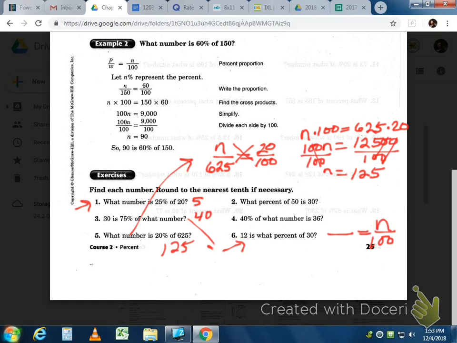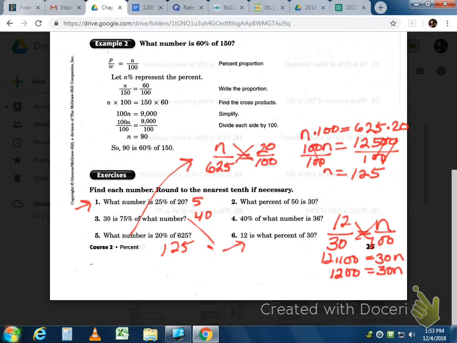Do you see the word "of"? Yes. So what number goes on the bottom? 30. So the other number must be 12. We're going to cross. 12 times 100 and 30 times N. 12 times 100 is 1200 and 30N.